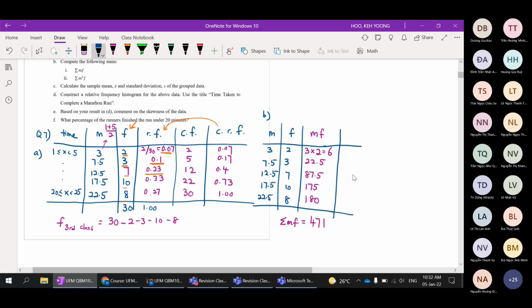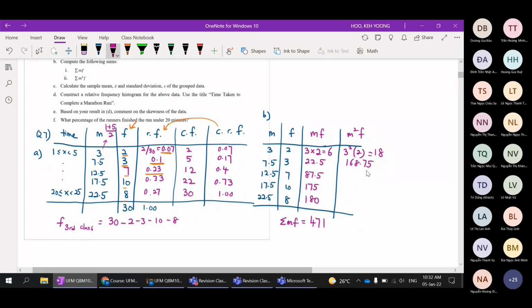All right. Next is to calculate the M square F. To get this, you will square the midpoint first. So you 3 square, then multiply by the frequency 2. So you got 18. For the second one, 7.5 square times 3, you have 168.75.